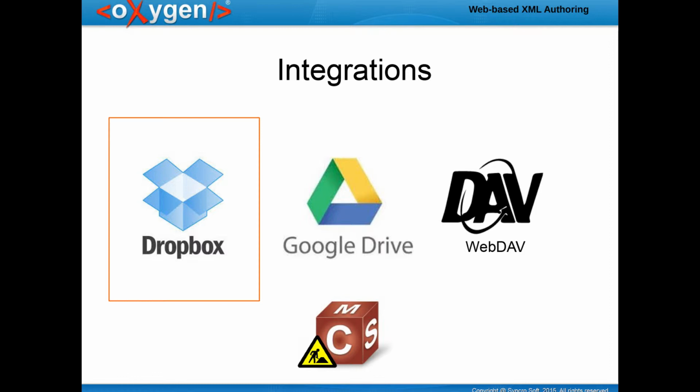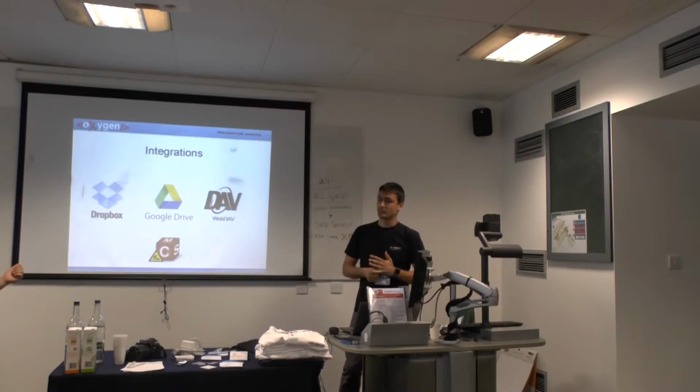Basically, all the CMSs that integrate oXygen are interested in having this web part too, because everything works the same. Almost all customizations you make to the desktop version of oXygen work here also. So if you change the CSS for desktop, it's the same one used for the web app.